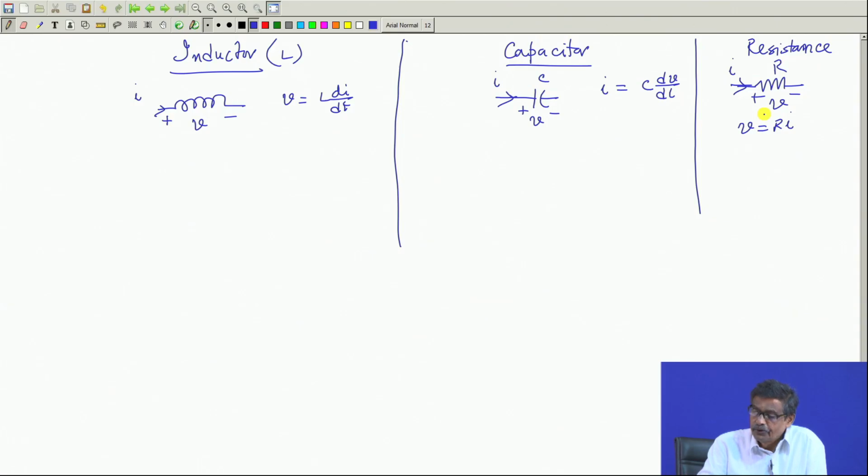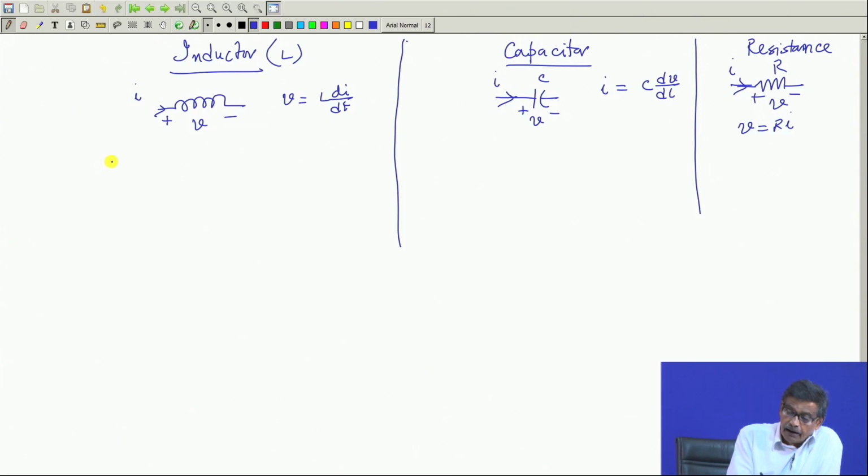This has got a memory, it requires previous knowledge of voltage, and this has also got a memory, that is fine.